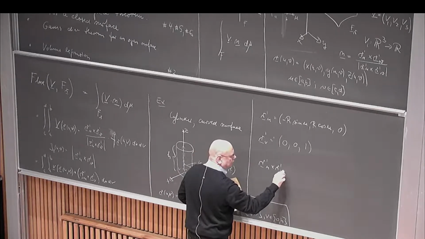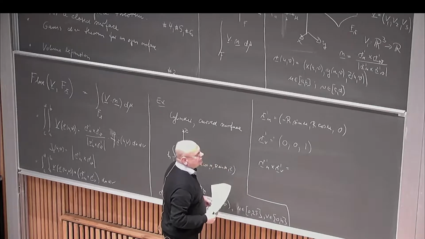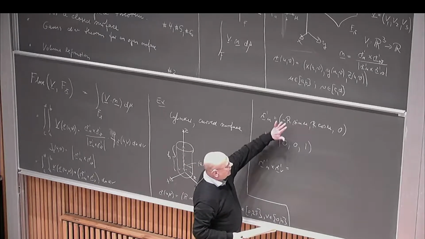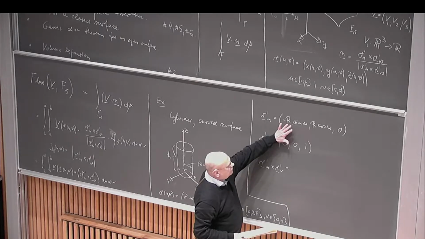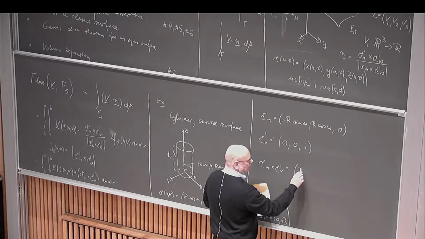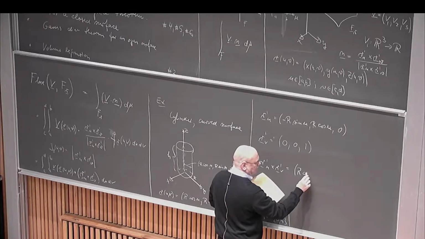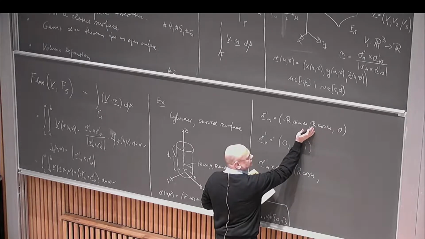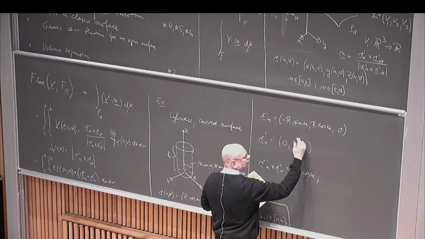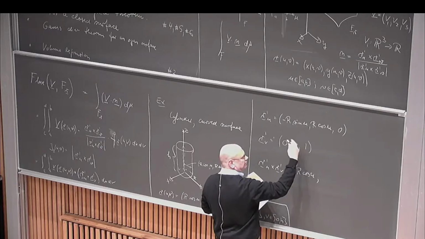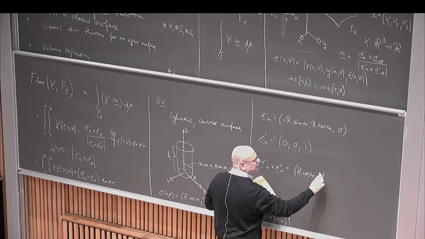Now, when I take this, I have to take this out, and then I can get r cosine u for the first coordinate. And if I take these two out, then I have this cross product minus this one, and since it's the second one, it should change sign.